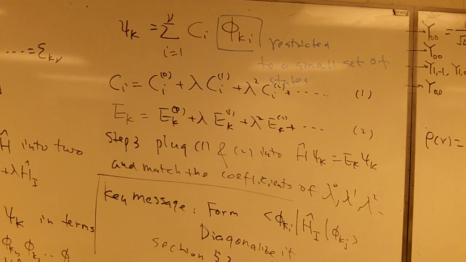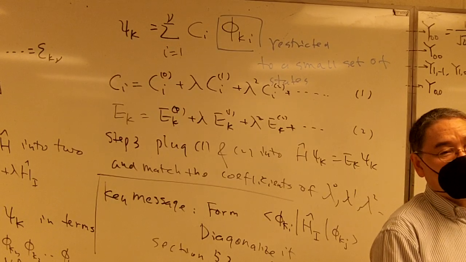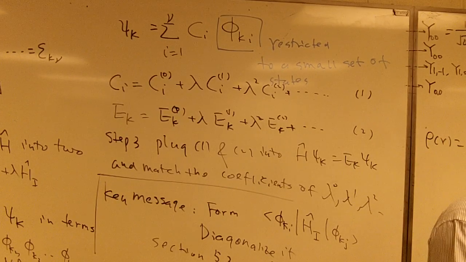So the only thing you have on the left is H0 multiplied by c sub i to the 0th order. All the remaining terms have lambdas, so they're gone. On the right-hand side we do the same thing: just e sub k to the 0th order multiplied by c sub j to the 0th order and phi sub j. That's the only term that remains. That makes sense to all of you?